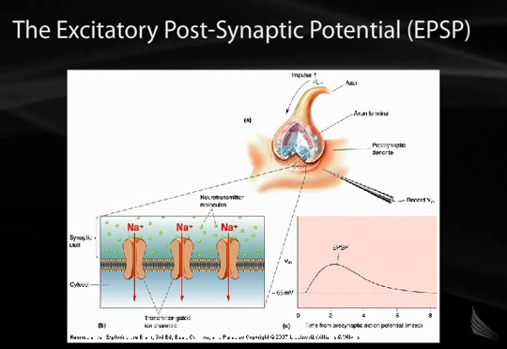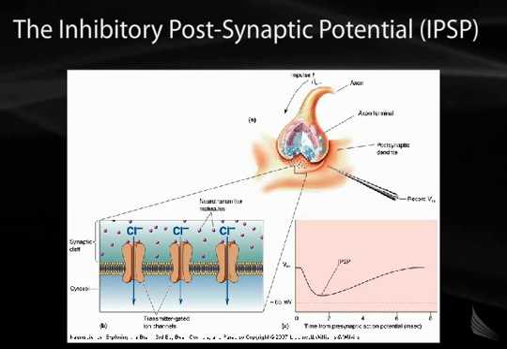And when an excitable cell depolarizes and gets closer to threshold, we refer to this as an excitatory postsynaptic potential, EPSP. It's excitatory because you're making the cell more likely to fire an action potential because you're bringing it closer to threshold.